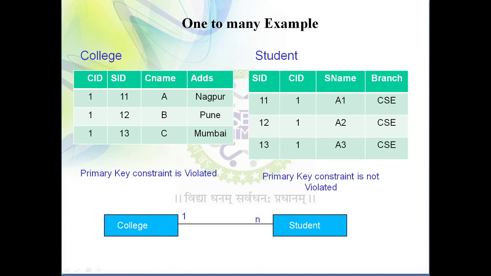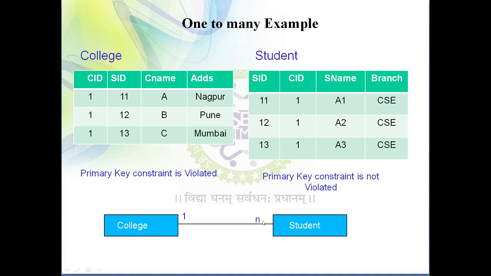Okay, so in this case primary key constraint is violated. Suppose we add student id into college table, so this fails. But when we add college id attribute to student table, then primary key constraint is not violated. So in order to represent a one-to-many kind of relationship between college table and student table, we do not require a third table, and this relationship can be represented like this: one college and n number of students.